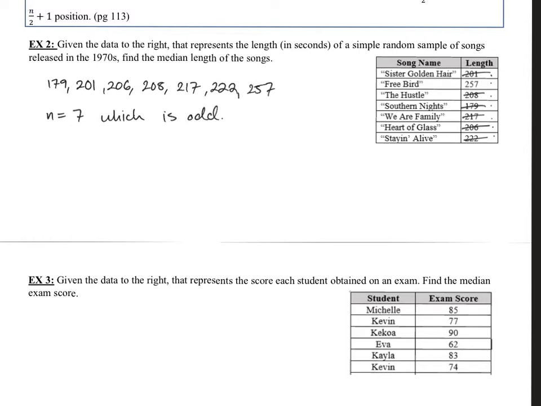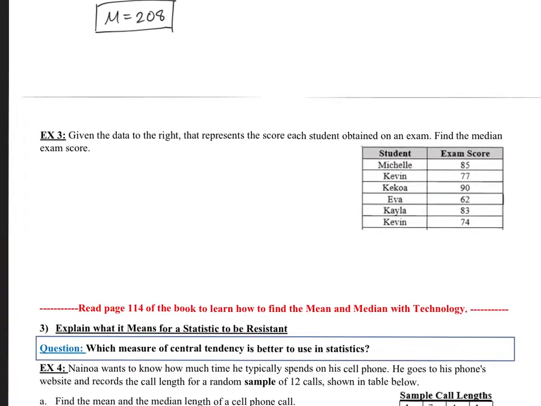This means that our median is the observation exactly in the middle of the dataset. So the observation exactly in the middle is going to be right here, 208. Okay. So M equals 208.